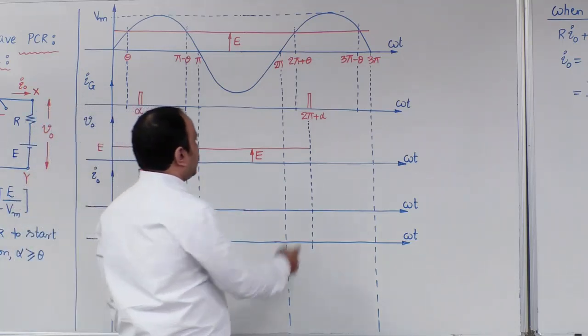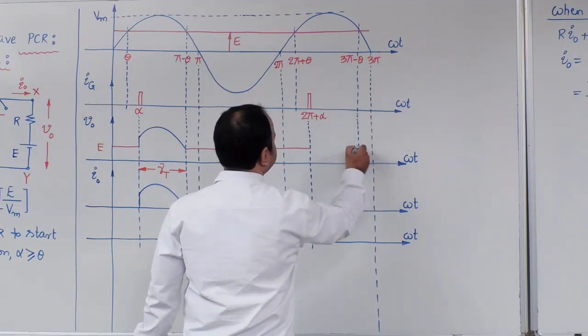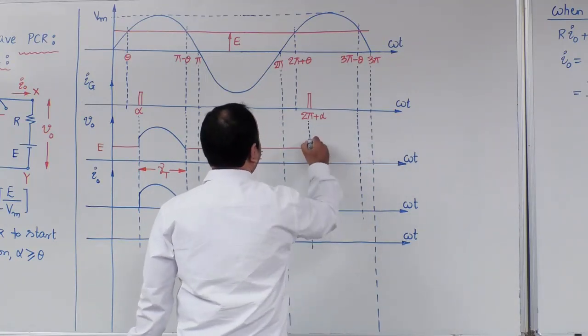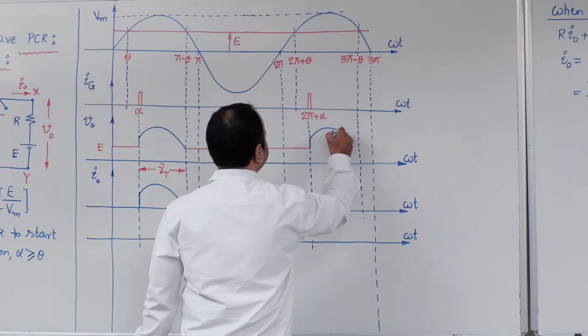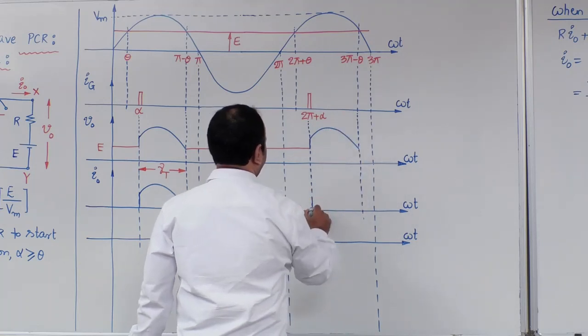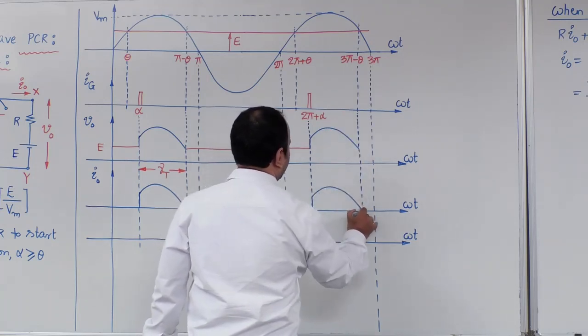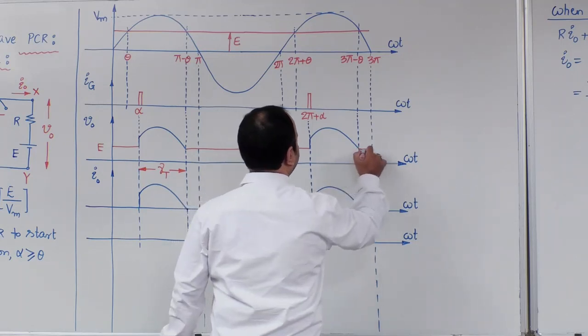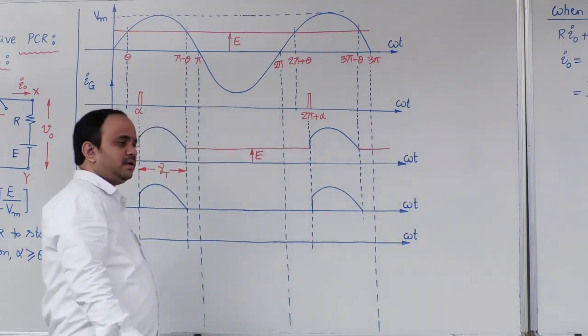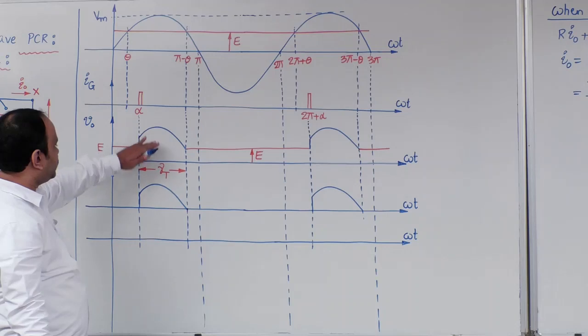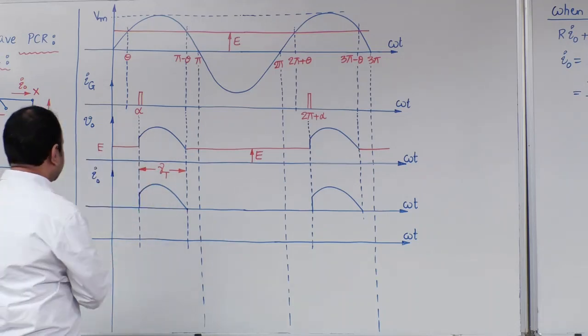After this, again the same waveform will repeat periodically. The explanation is the same. This is about the output voltage and output current waveforms.